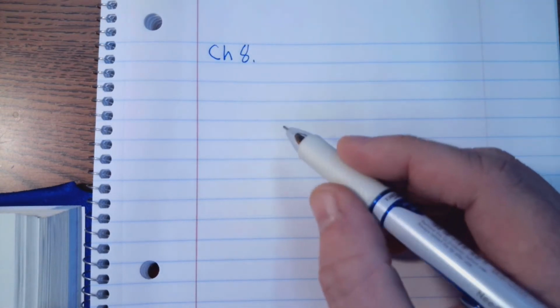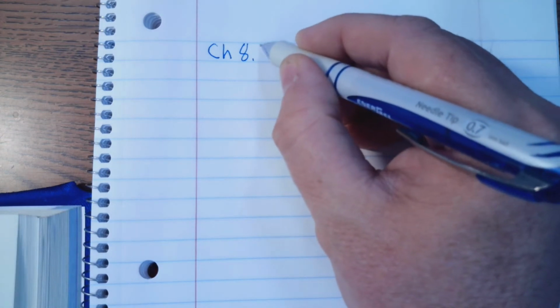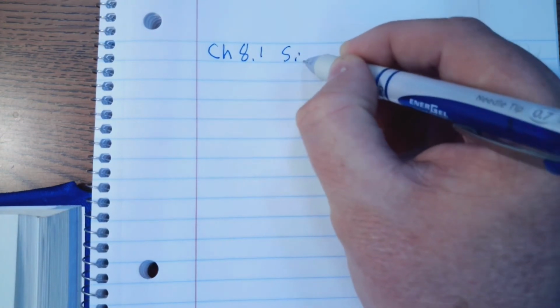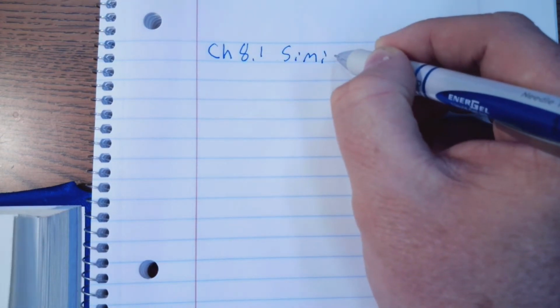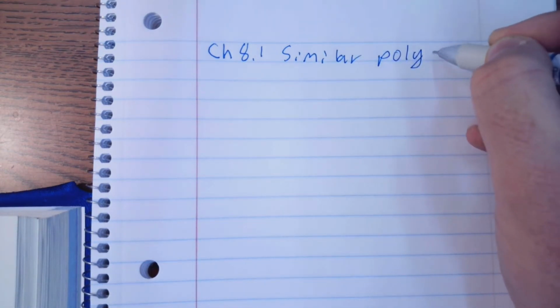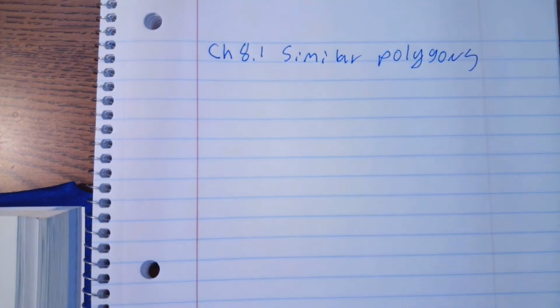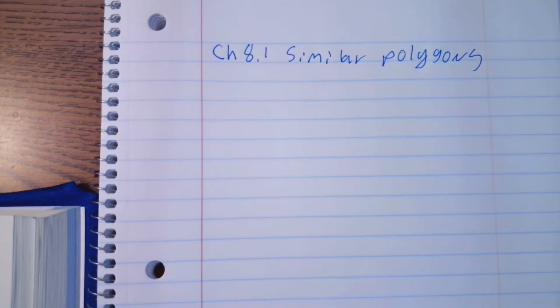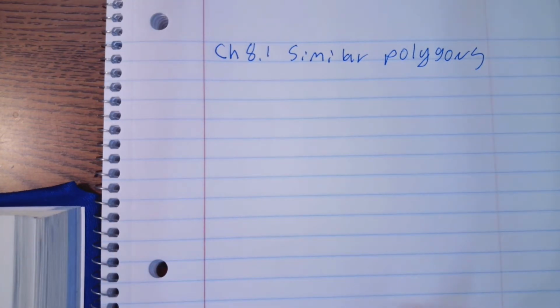All right, what we are going to work on is similar polygons. So this is chapter 8.1, similar, and we're going to have to learn what similar is. Okay, similar polygons. And just looking here, we don't have a lot of definitions.